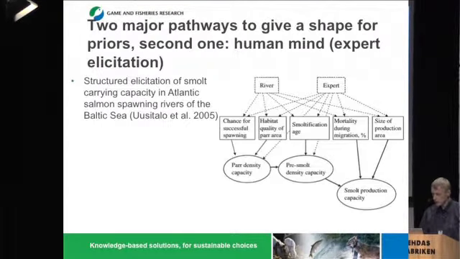And then we jump from these examples to expert elicitation, what I mentioned earlier. I mentioned that constructing the process itself may help experts to realize what they should be after. And here is an example of structured elicitation of carrying capacity of the spawning rivers of Atlantic salmon in the Baltic Sea.